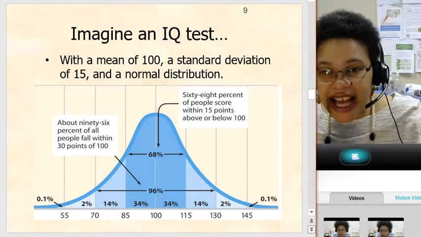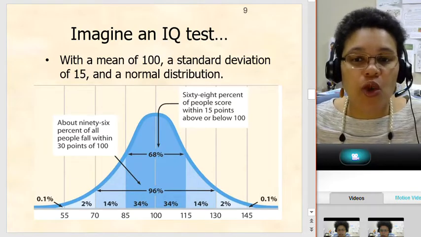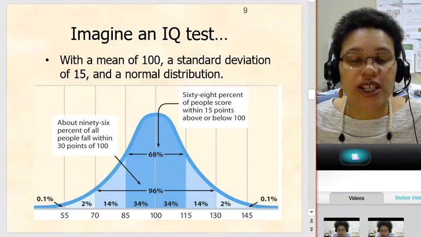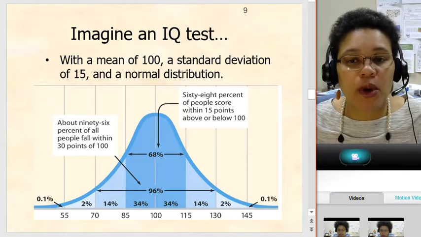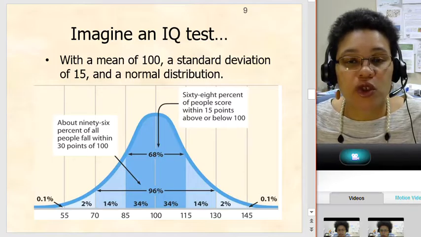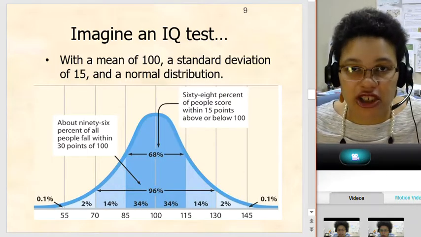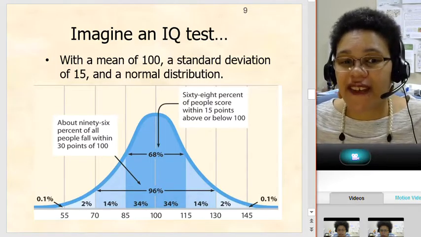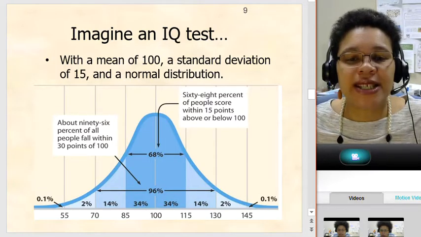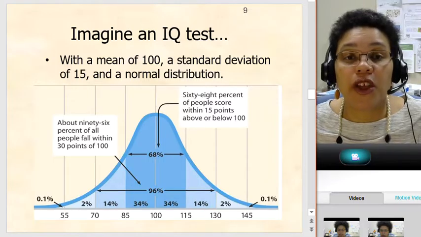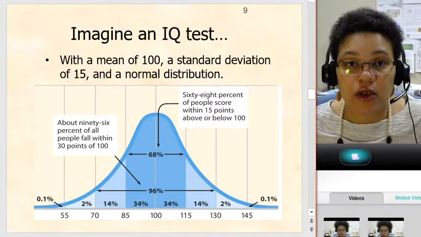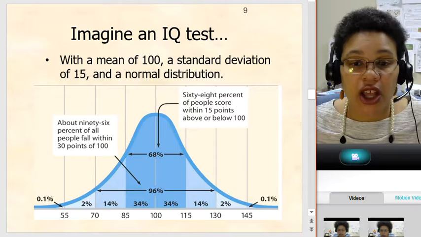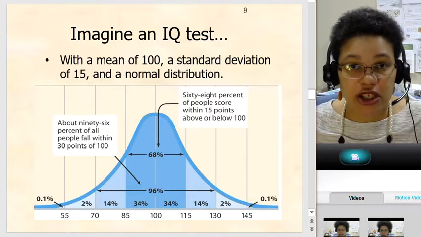Because 68% of students will score within 15 points above or below the mean, or above or below 100. 68% of people will score within one standard deviation. Now, if we extend out to two standard deviations, 96% of all people will fall within 30 points of 100, will fall within this two standard deviation range.